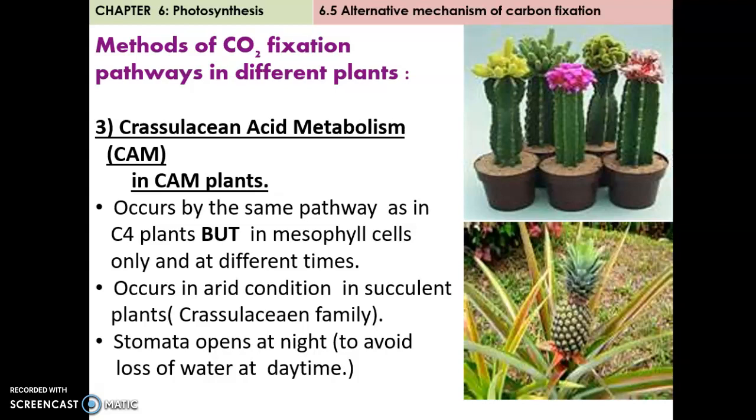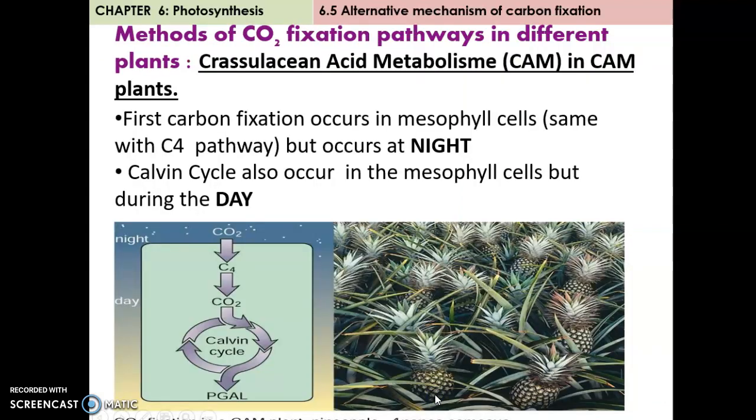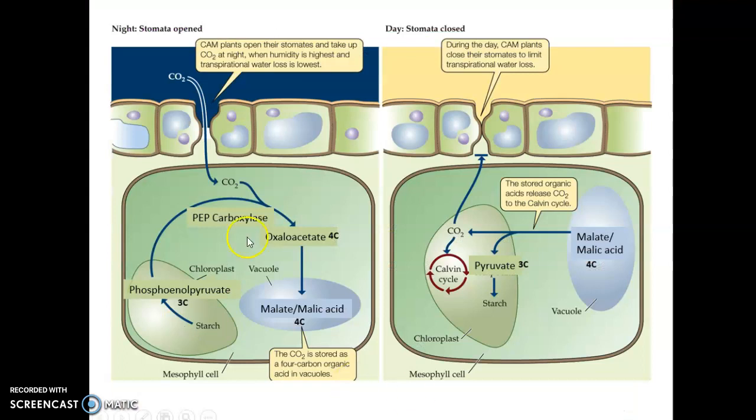Here is the mechanism. Here is the mesophyll cell, and actually both are mesophyll cells. At night, the CAM plant opens its stomata, so carbon dioxide from the atmosphere enters the mesophyll cell. The first carbon fixation occurs where this carbon dioxide is fixed with PEP, phosphoenolpyruvate.